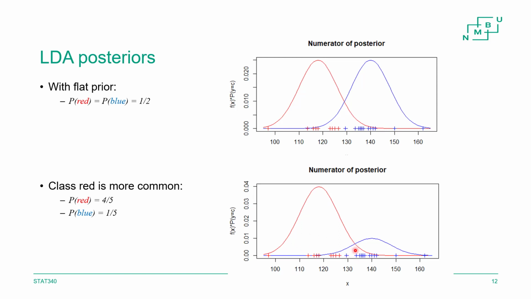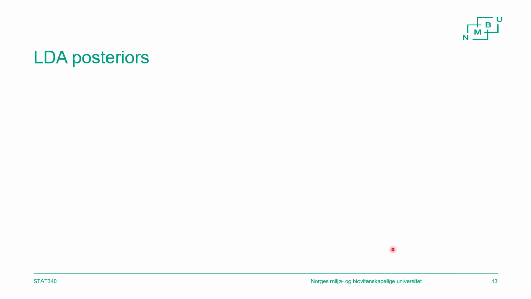Over here is the difference now. You need to be further up here in order to be classified as a blue, because we know that the red is more common. So this is how the prior probability sort of scales the likelihoods and thereby shifts the classification, the decision border, as we call, where we shift from one class to another. Okay.